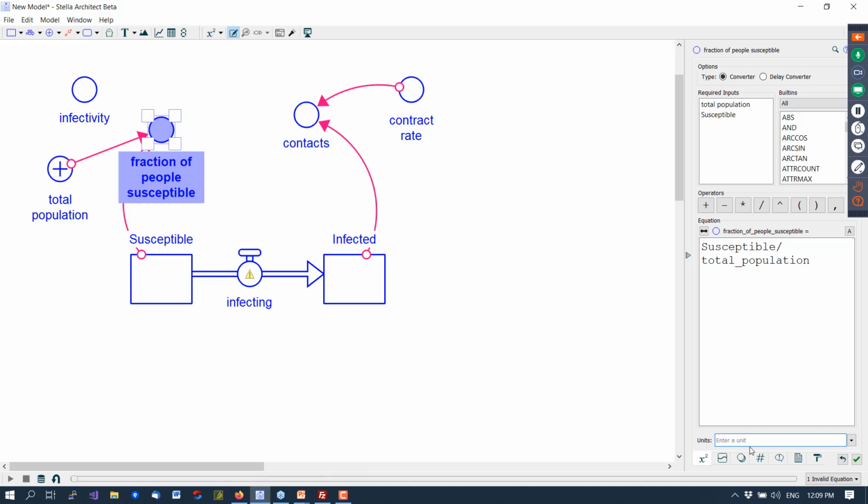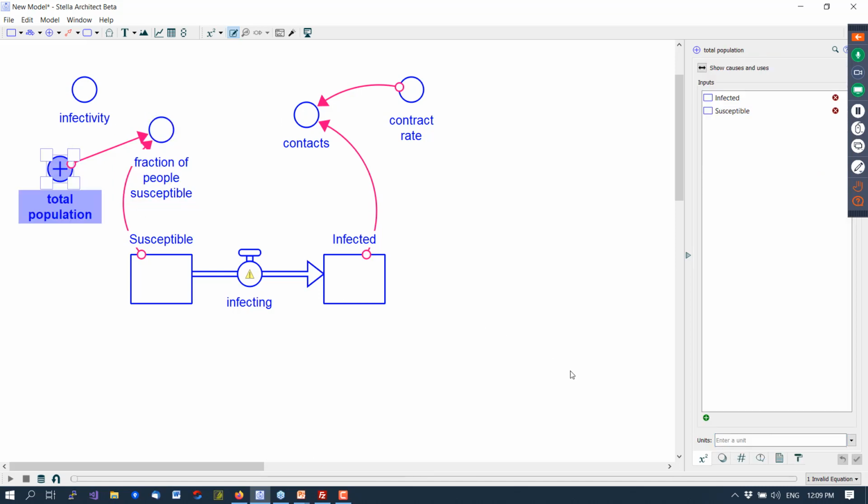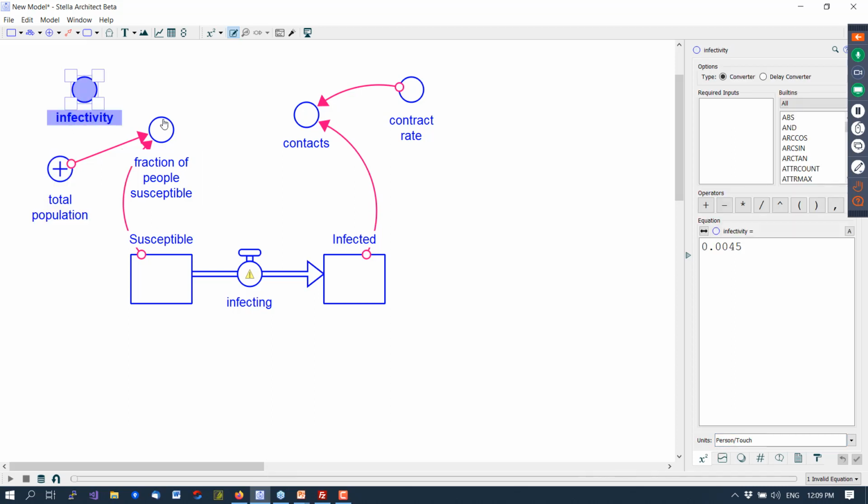This is a dimensionless concept. Total population, I hope I put people in. Try to be very careful about units. And then infectivity is person per touch, and that's going to come in a little bit afterwards.